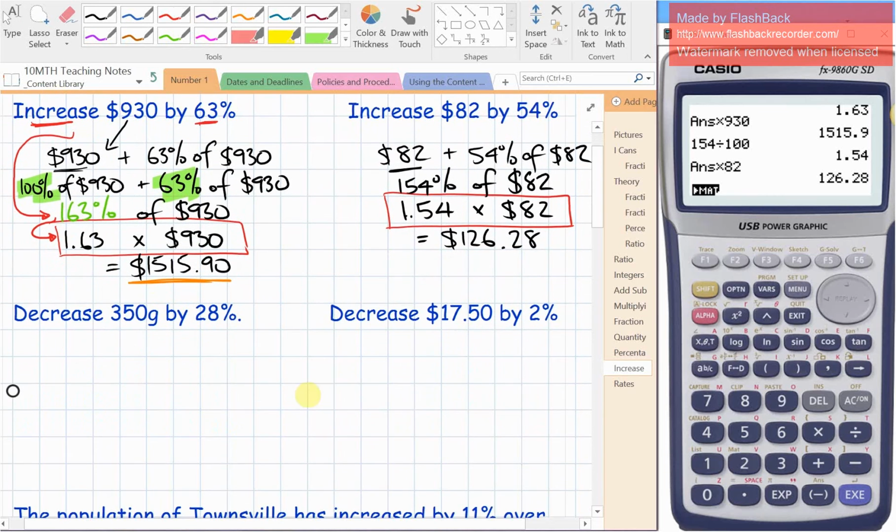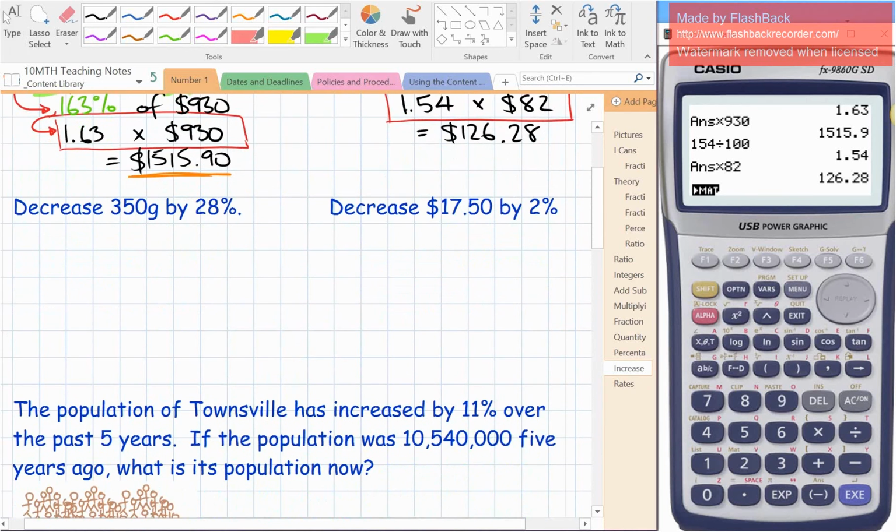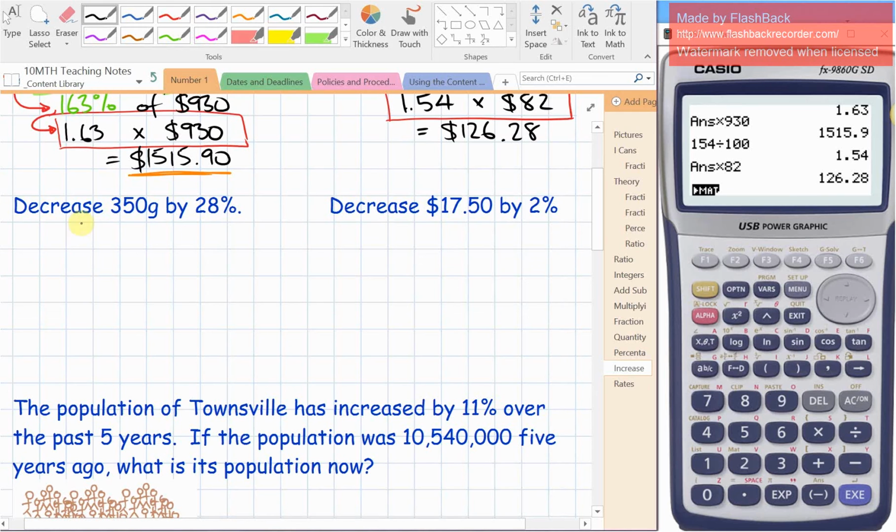Let's have a look at decreasing by a percentage now. So decrease 350 grams by 28%. So what I'm doing here is I take my 350 grams, and because it's being decreased, I'm going to subtract. What do I subtract?